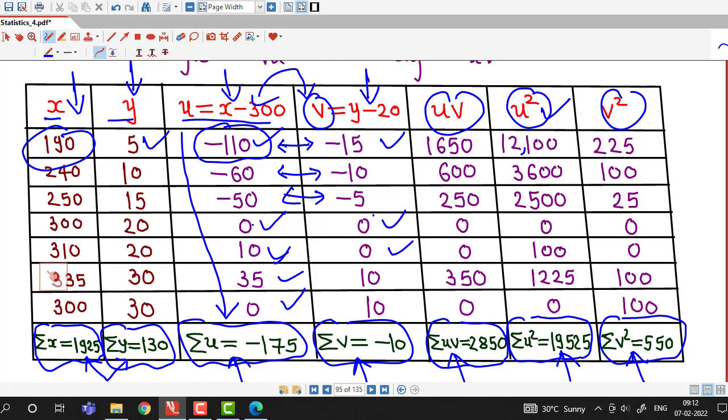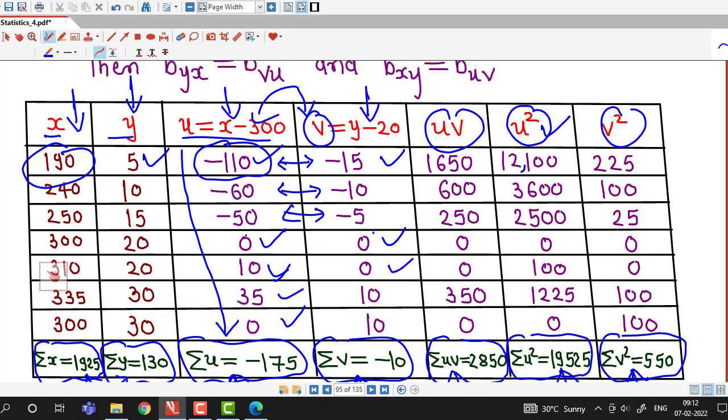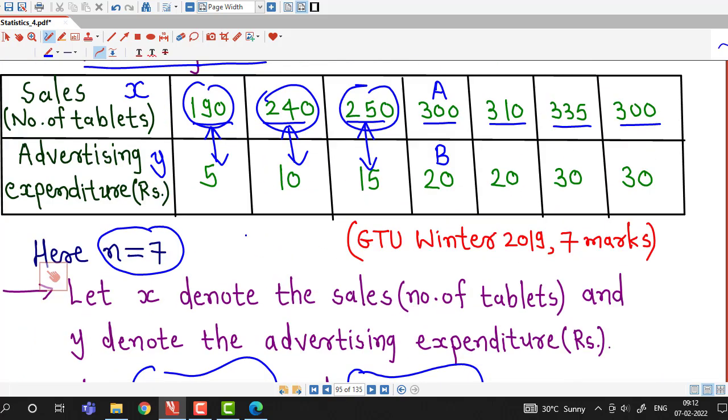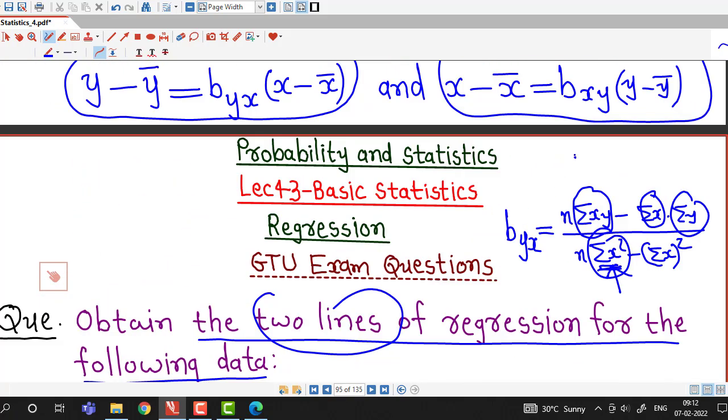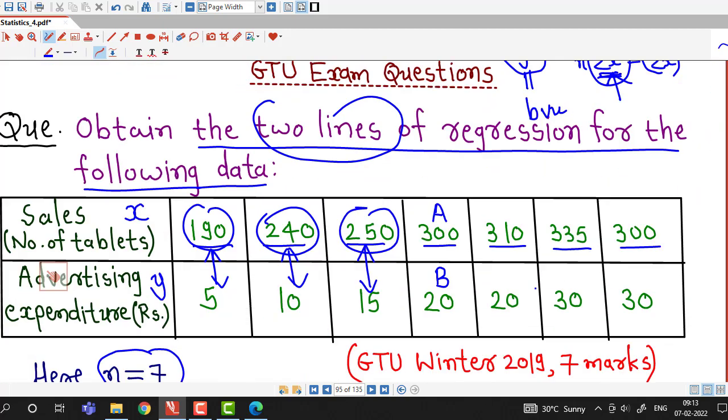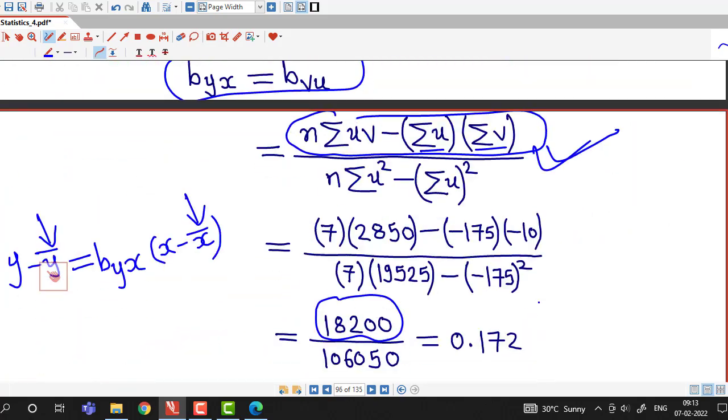So if we are changing the origin, then our calculations become smaller as compared to actual values. So that is the reason why we are changing the variables from x, y to u, v. If you wish to apply method of least squares, then also you can do the same problem using method of least squares. Answers will be same.